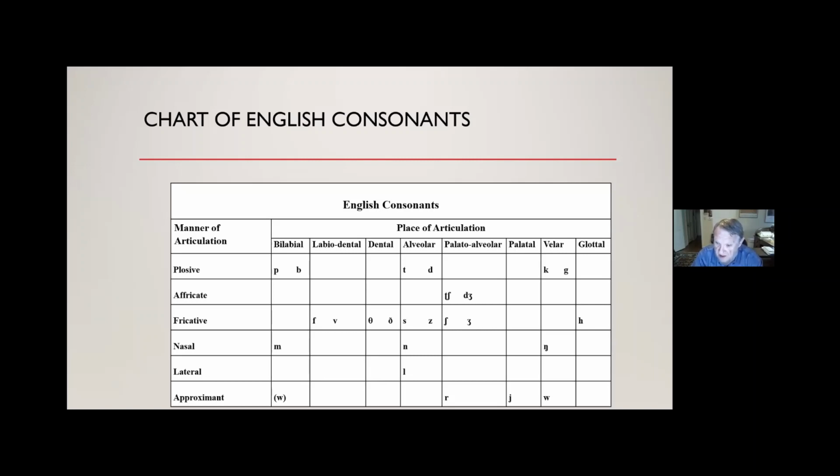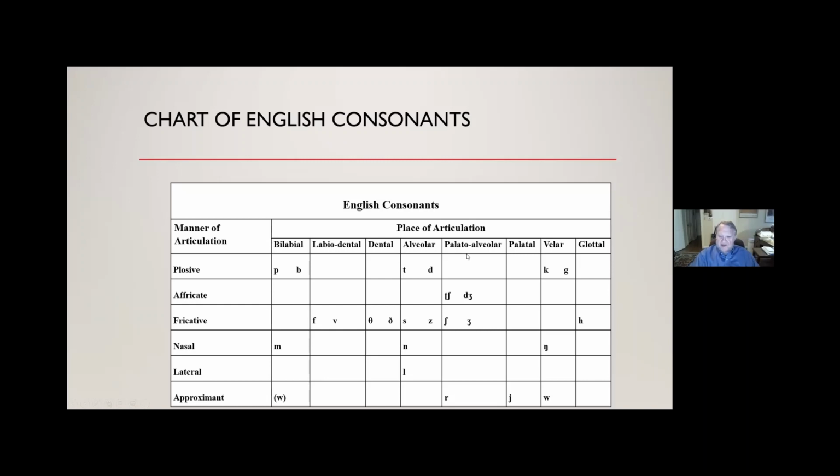The Y is the palatal that we talked about. And something we haven't talked about at all much is the glottal H. When we do the vowels, we're going to talk about the glottis and the articulation of vowels. Just notice that H is kind of a strange consonant. It's down here in the bottom of the throat, and we'll get back to it.